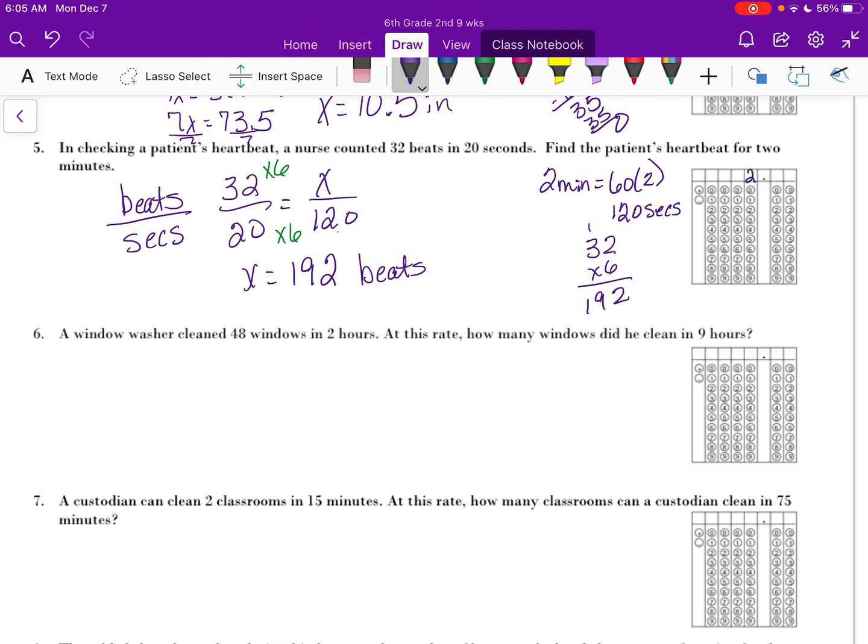So 2 is in the ones, 9 is in the tens, 1 is in the hundreds. I bubbled in the 8. Sorry, that had to be, the thingies had to be so small. 92. And again, if you want to put the zeros back there to help you, you can.